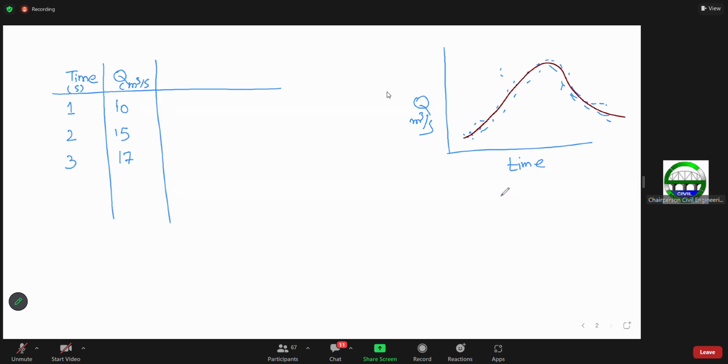Or we can say that curve fitting can be used for a stress strain relationship in concrete. Okay, so you guys know when, for example, you have a concrete cylinder, right? And when you apply the stress in the machine, you measure the strain, right?